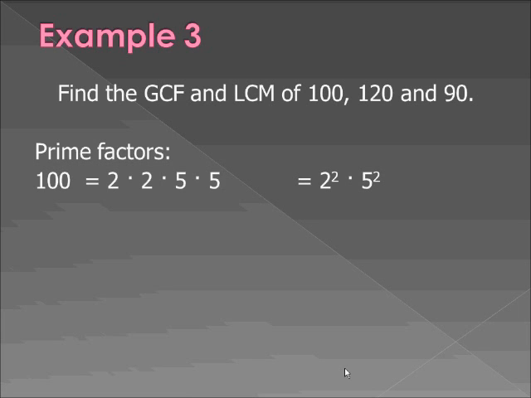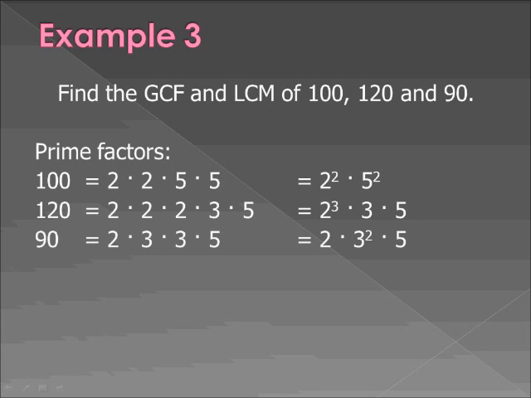I don't have the room to do it here, but you can figure out the answer. So 100 is 2 squared times 5 squared. For 120, if you break it down, you get 2 times 2 times 2 times 3 times 5, which is 2 cubed times 3 times 5. Finally, we have 90, which is 2 times 3 times 3 times 5, which is 2 times 3 squared times 5.